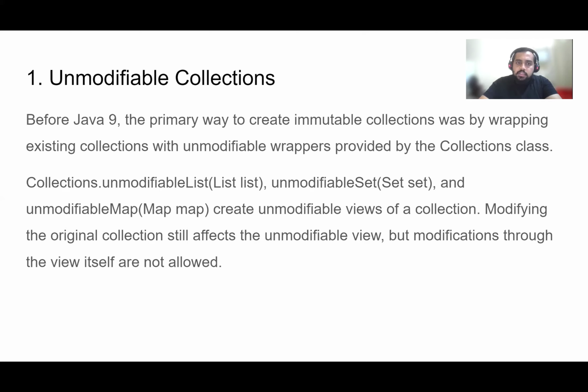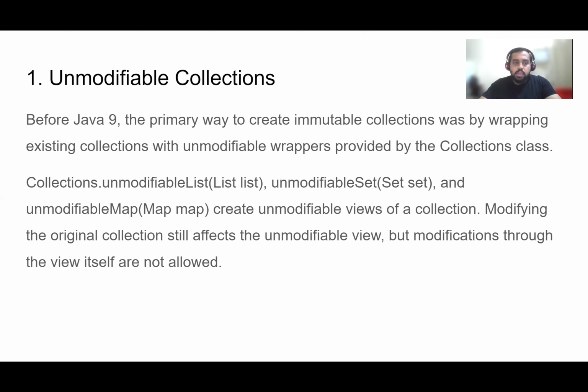We need to pass a list type of collection to it, and it will make that an immutable collection. Similarly, unmodifiableSet makes a set type of collection immutable, and there is unmodifiableMap.